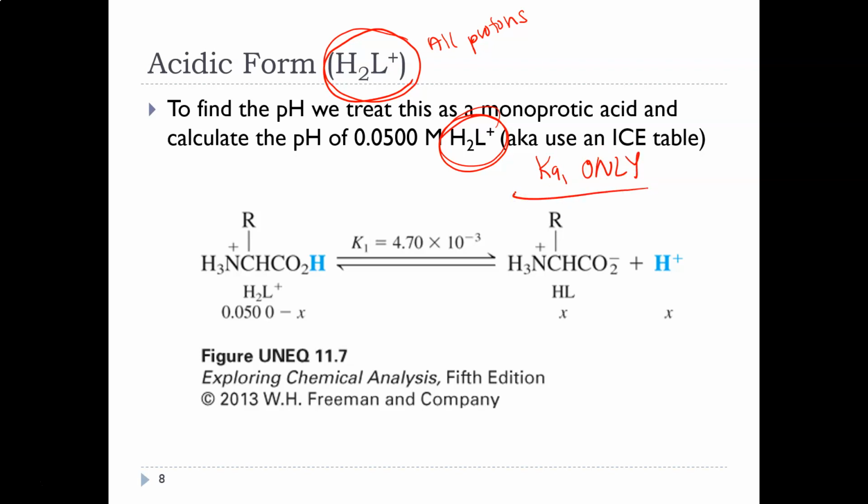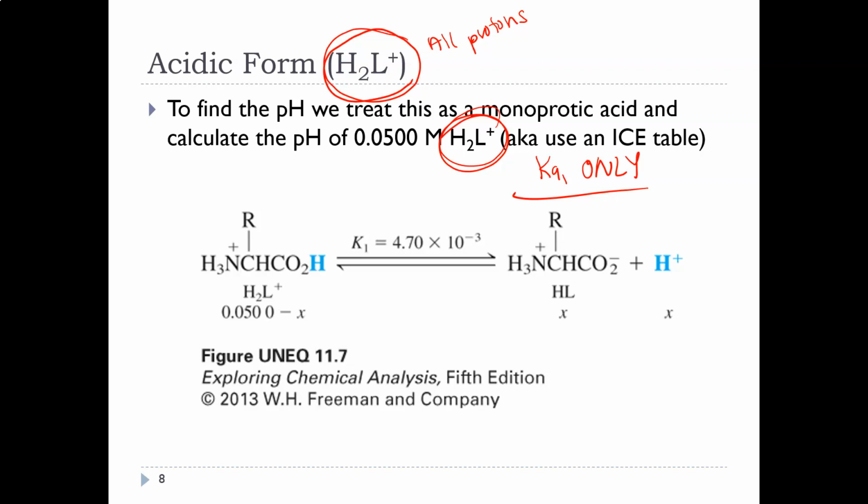So polyprotic acids, if the acid we're starting with is in its most acidic form, it has all of its protons, treat it like a monoprotic acid. Do an ice table, kind of like HA plus H2O, equilibrium H3O+ and A-, only it just so happens that it has more than one proton.